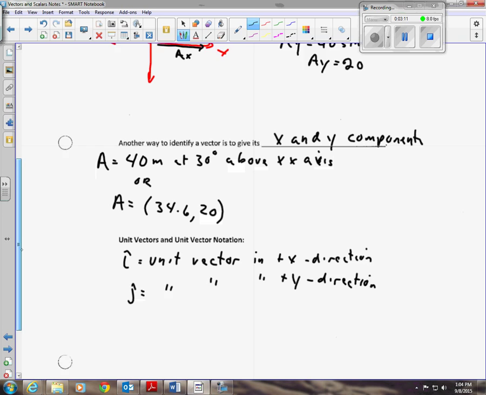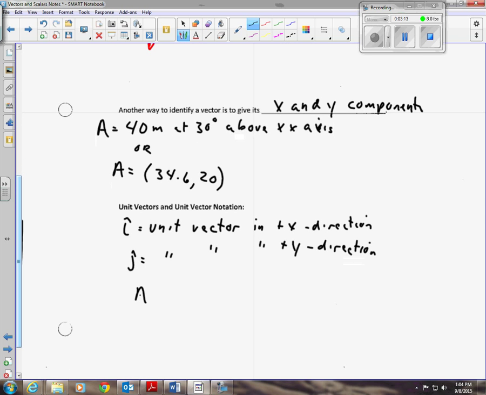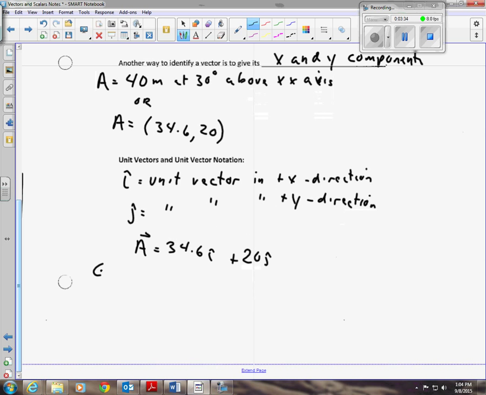So another way to say vector A, with a little arrow over its designated vector, is equal to 34.6 in the x direction, or 34.6 times that little unit vector i, plus 20j. So our general form, let's say we have a vector called v, could be vx in the i direction, plus vy in the j direction.